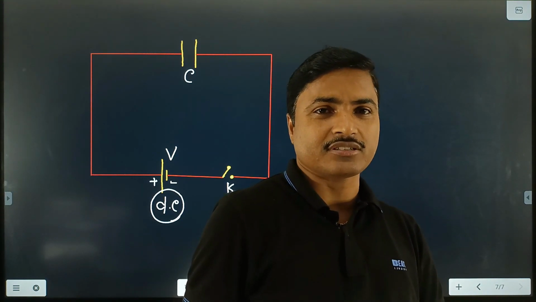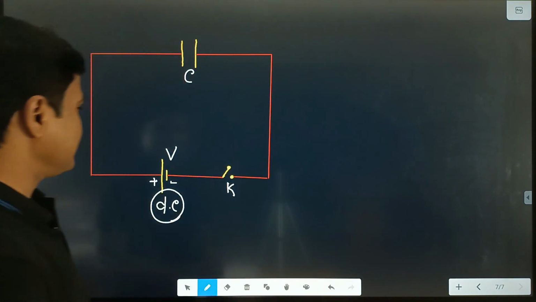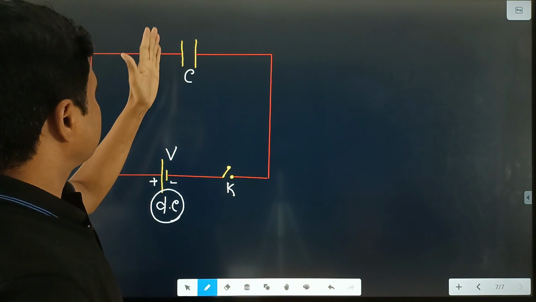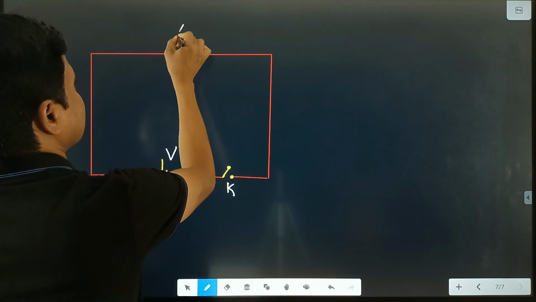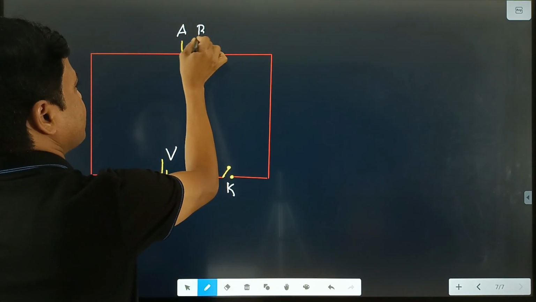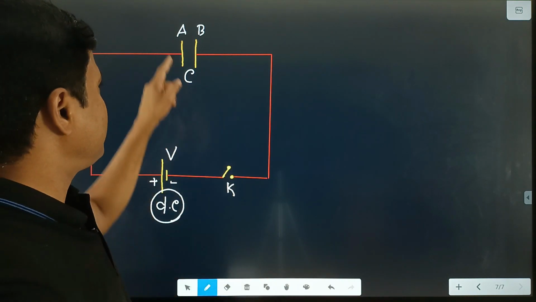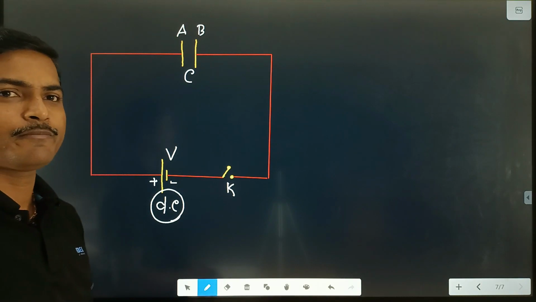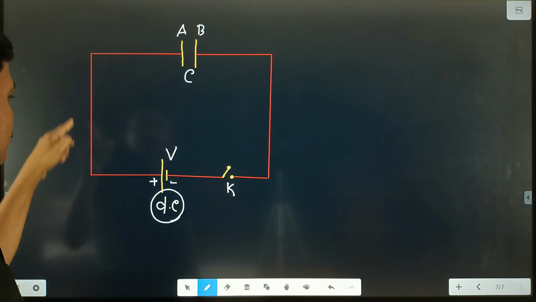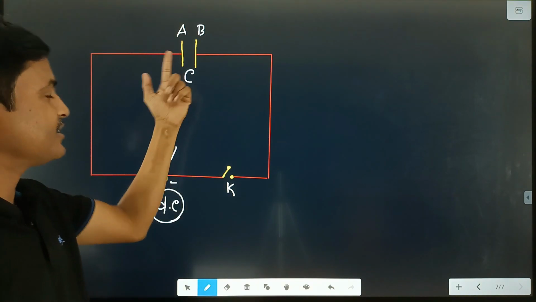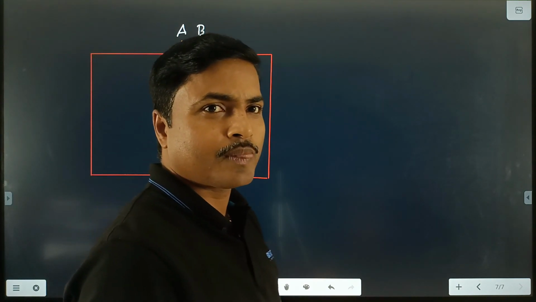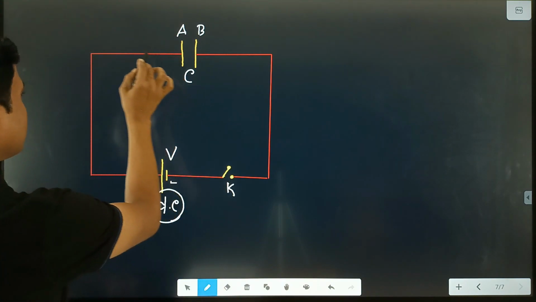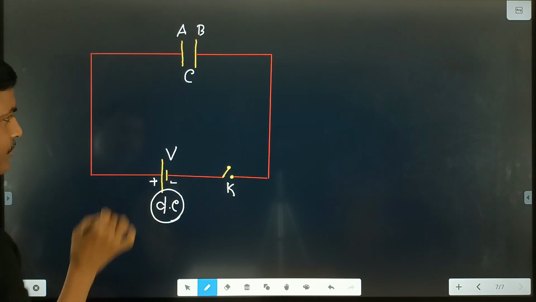Then what happens? Clear? The first plate is A, the second plate is B. Plate A is connected to the positive terminal of the battery. Inside plate A, because it is a conductor, free electrons are there, so these free electrons start to move towards the positive side of the battery.